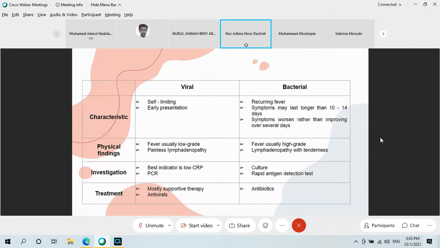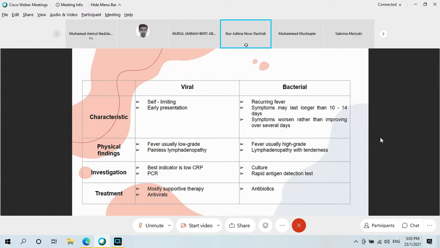And so I will touch a little bit on the differences between viral infection and bacterial infection. Like the doctor has said before, viral infection usually has a shorter duration of fever and is usually self-limiting, so it can settle by itself, and usually has an early presentation.